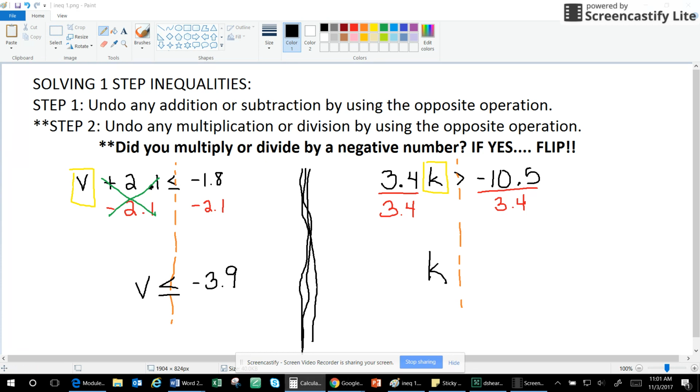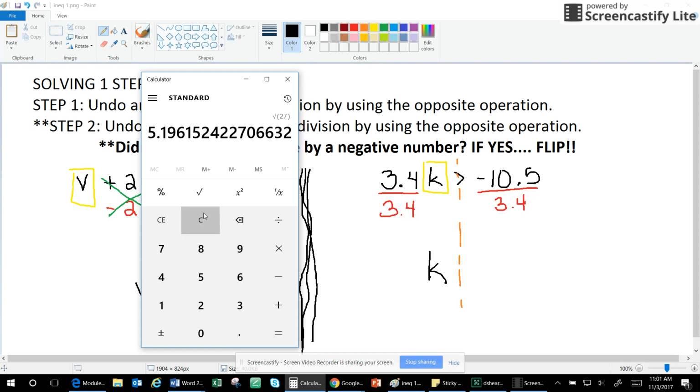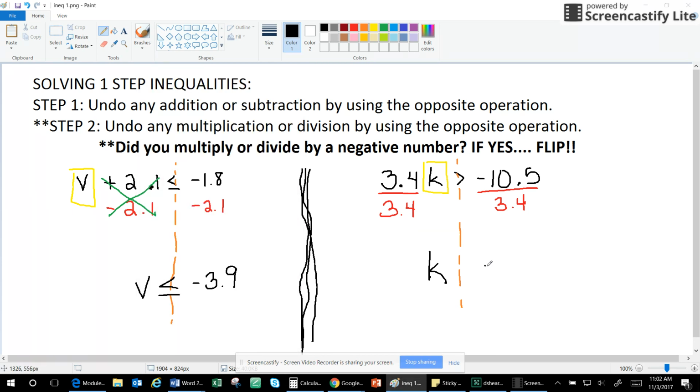On the right side, let's break out the calculator. We got negative 10.5 divided by 3.4. And I'm getting a nice crazy decimal here. It's negative 3.088, and I'm going to leave it there with a nice little dot, dot, dot at the end of it.